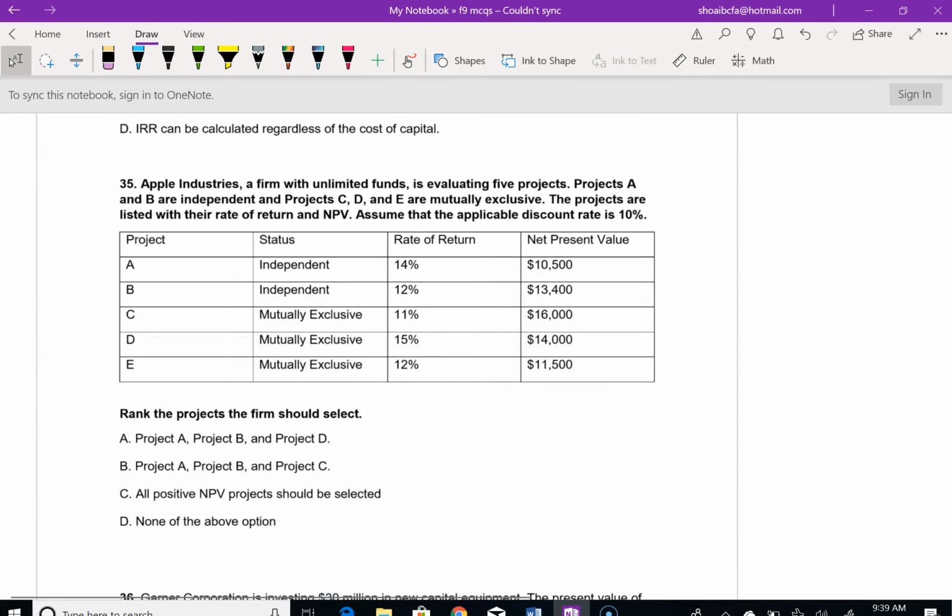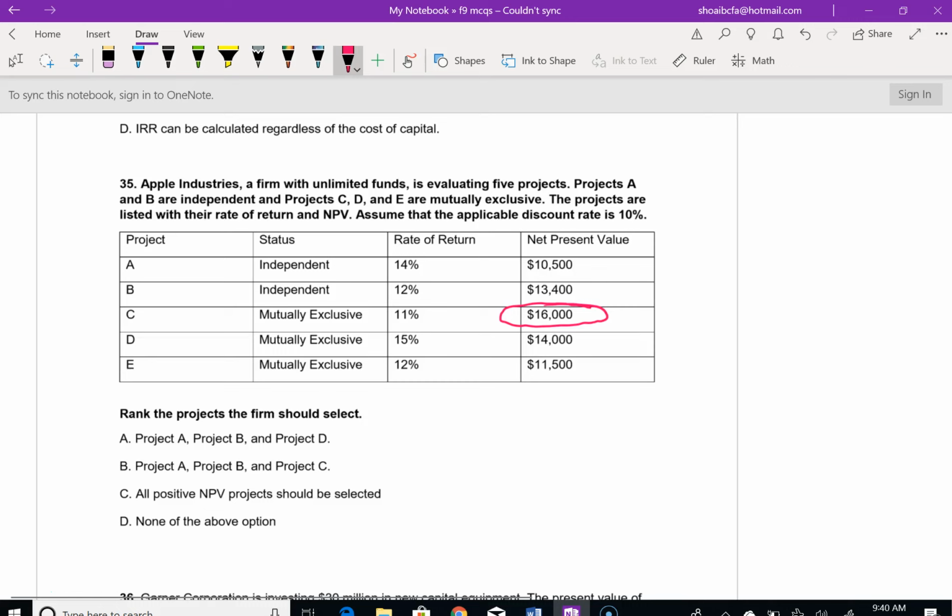Apple Industries, a firm with unlimited funds, is evaluating the projects. Projects A and B are independent, and if projects are independent, you can take the decision based on IRR or NPV. Projects C, D, and E are mutually exclusive. So that means you have to select only one project from C, D, and E. Whenever projects are mutually exclusive, always select the best answer.